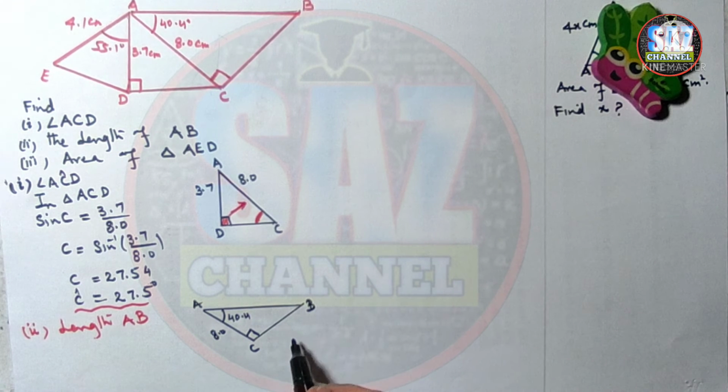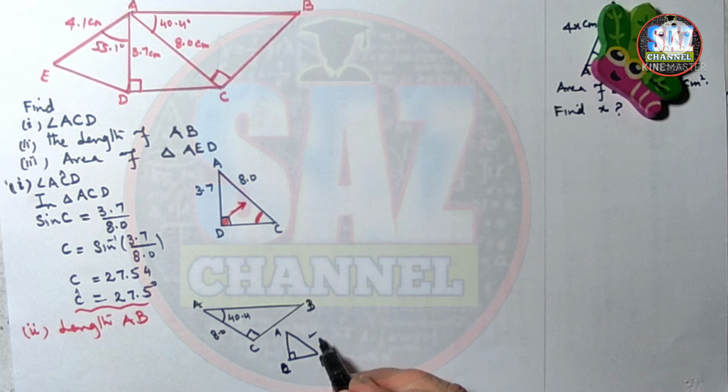If you find difficulties, you can, for your convenience, draw the triangle in this way, keeping the position of the points at the same place, A, B and C. Now look, this is the position of C, and this is B, and this is the 90 degree angle. This is the hypotenuse that we have to find, and this is AC, 8.0, and this is the given acute angle. So adjacent and hypotenuse, that is cos of angle A.